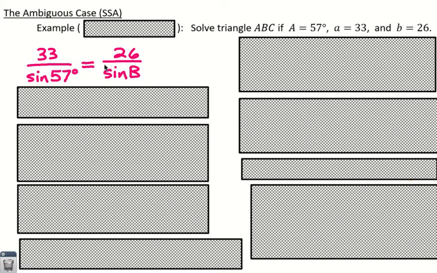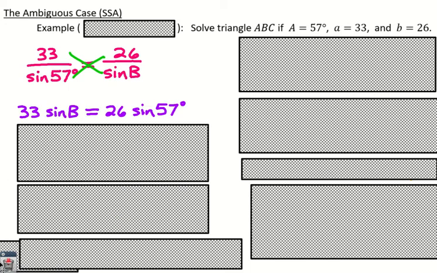So again, this was little a over the sine of big A equals little b over the sine of big B, and we can cross multiply in order to try to solve for big B. So we get here with our cross multiplying, and then what are we going to do?